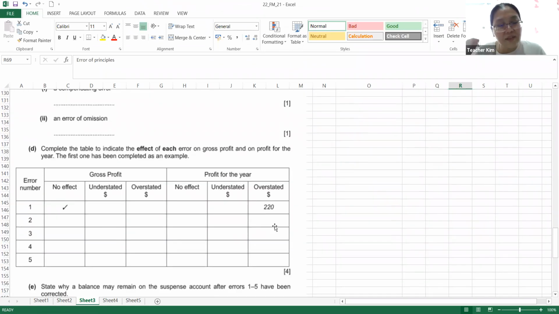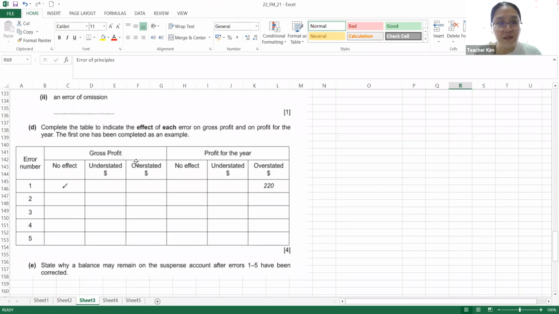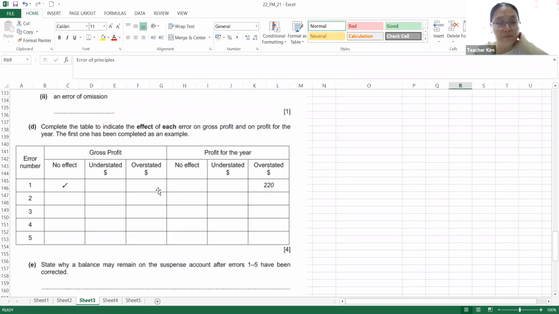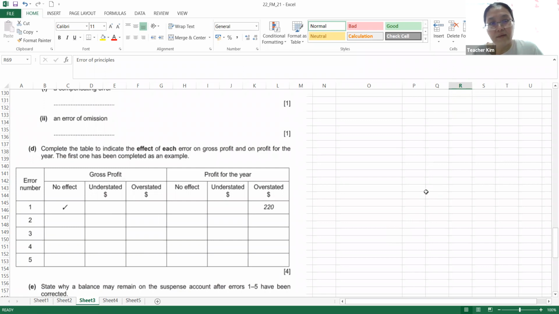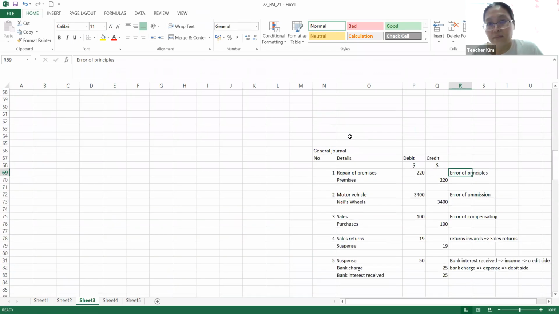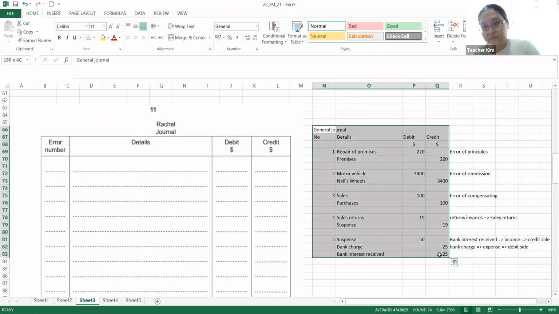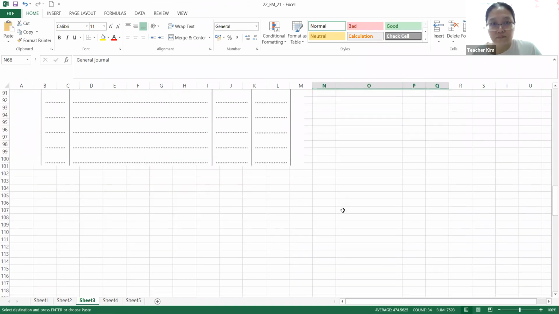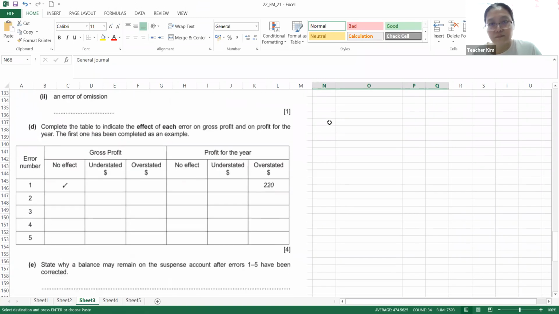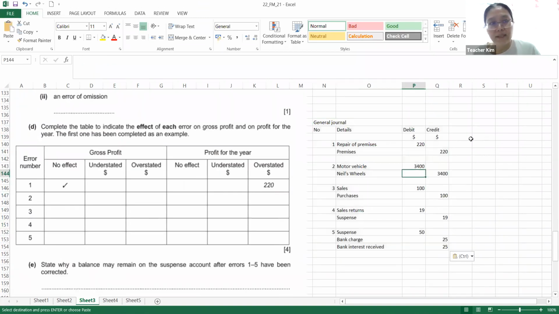Okay, now next, they say, complete the table to indicate the effect of each error on the gross profit and on the profit for the year. The first one has been completed as an example. So next, I need the effect of the error on the gross profit. Give me a minute. I need to copy this one to there, so easier for me. So I will put the remark at the side. Here, repair.